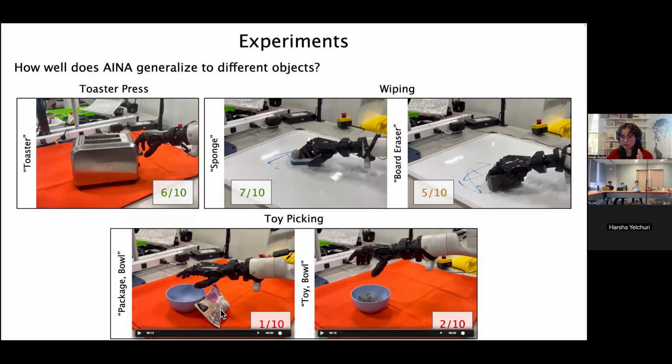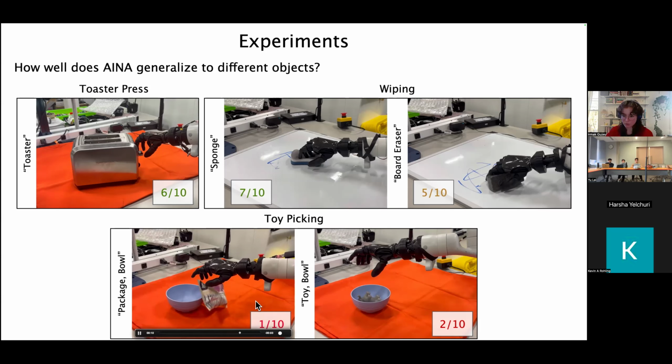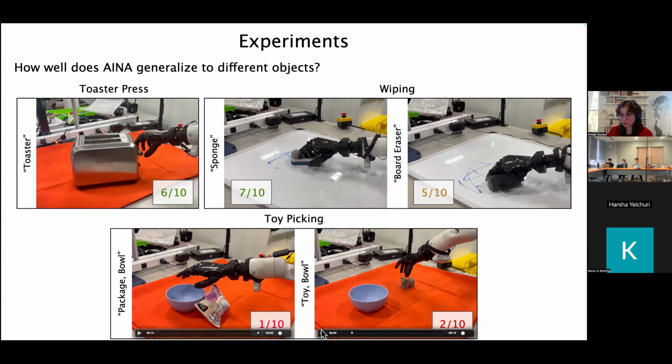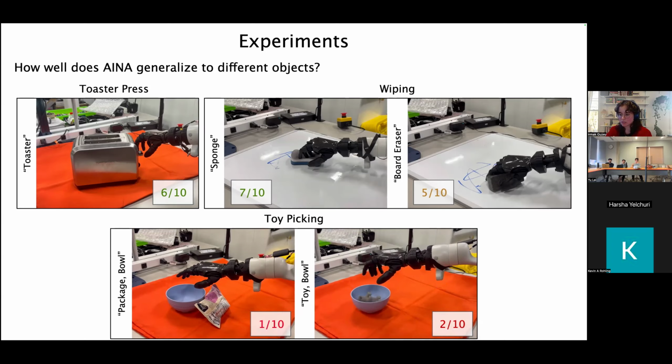But the robot would behave very differently if the object is significantly different. For example, it would pick up the package bowl, but it would just fail to put it in. These two examples failed pretty badly.